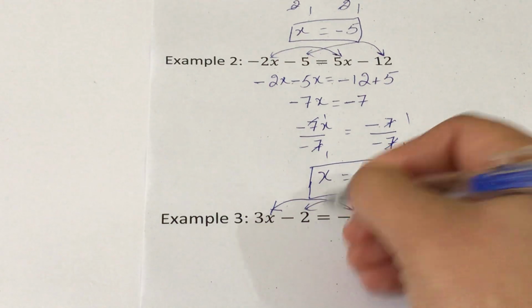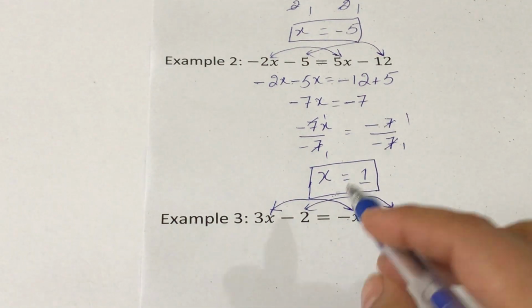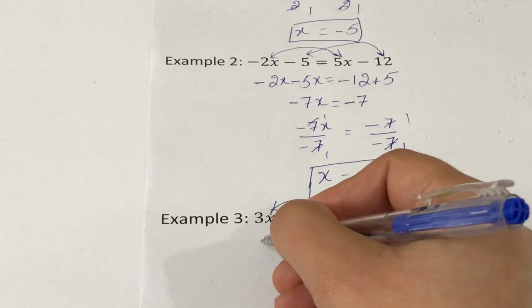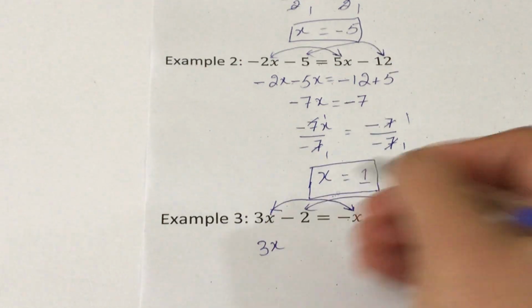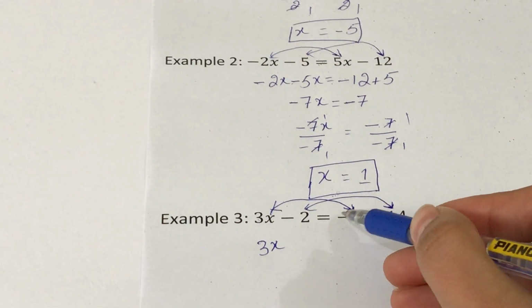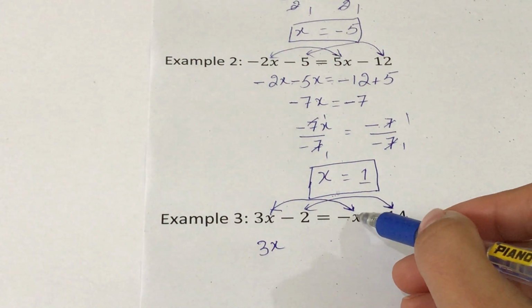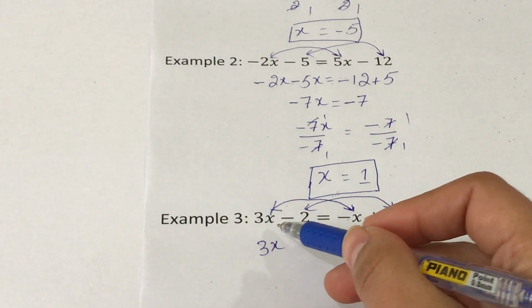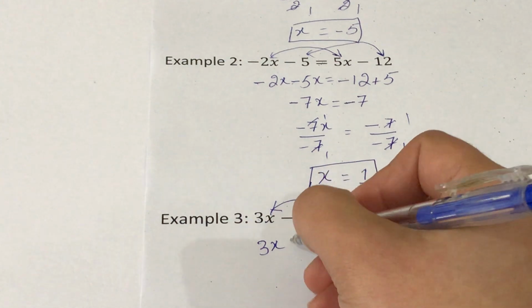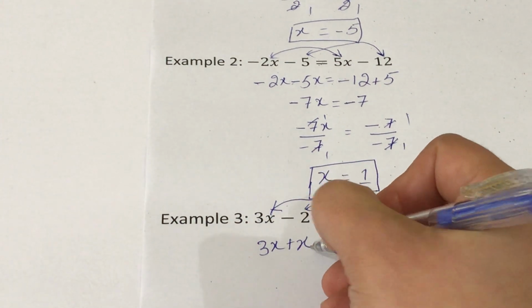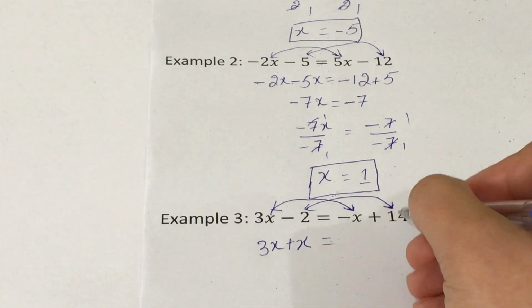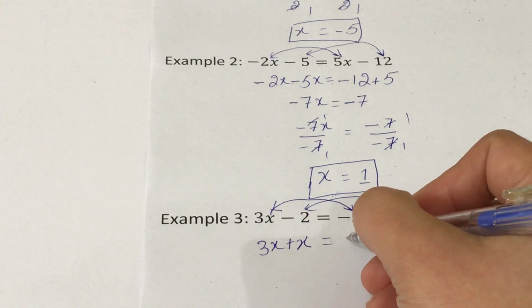Then I will combine my like terms. 3x first. Now you can see x is negative on our right hand side. So when I will shift it to my left hand side, it would be positive. Yes, 3x plus x is equal to 14 is positive here.